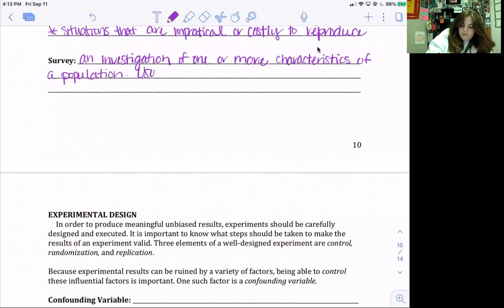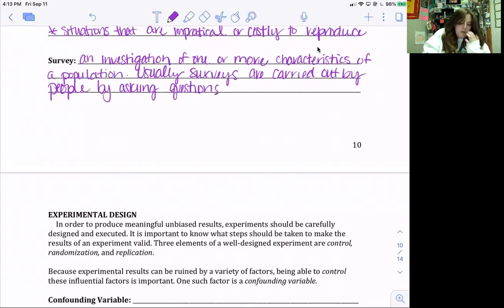Usually surveys are carried out by people by asking questions via interview, internet, email, or phone.